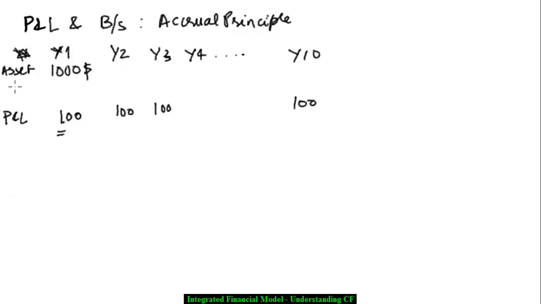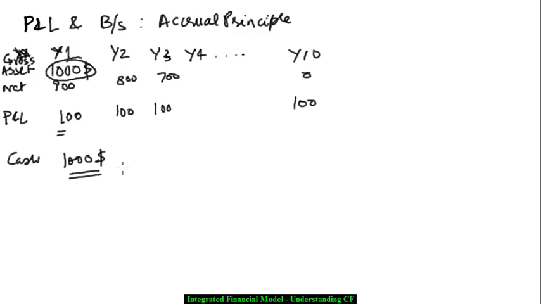And my remaining asset value, so if we call this the gross block, then my net block would be 900 out here, it would be 800 out here, 700 out here, and 0 after year 10, right?